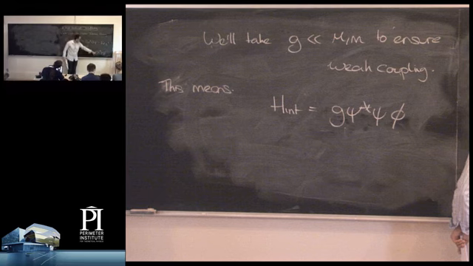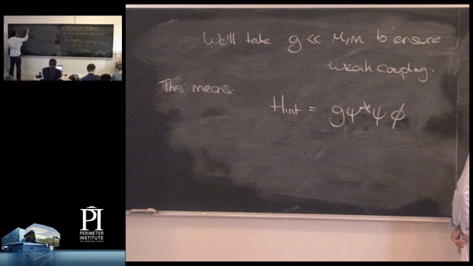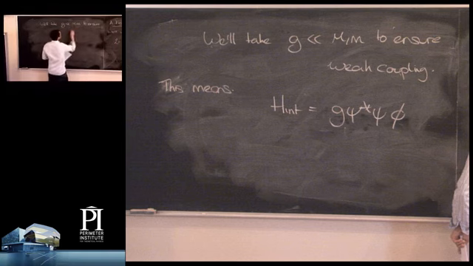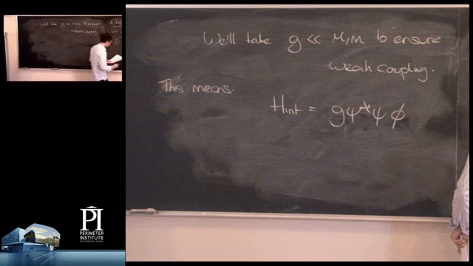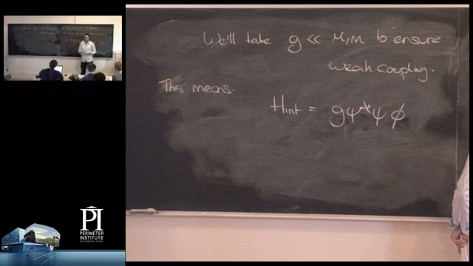That means that G here has the same dimensions as mass. Okay? So if we want to make this small, G has to be smaller than a particular energy scale. But there are energy scales in the game which G can be smaller than. So we'll take this, which is going to guarantee that we have a weakly interacting theory.